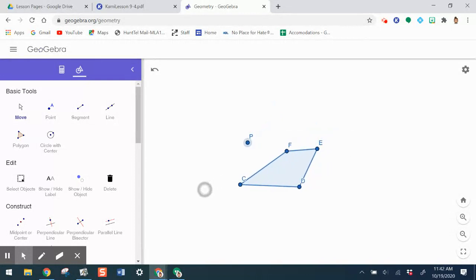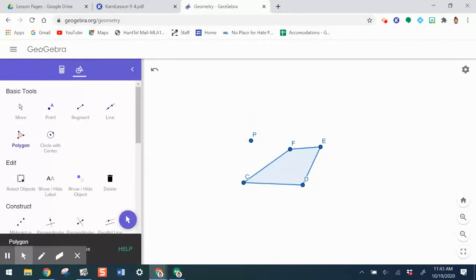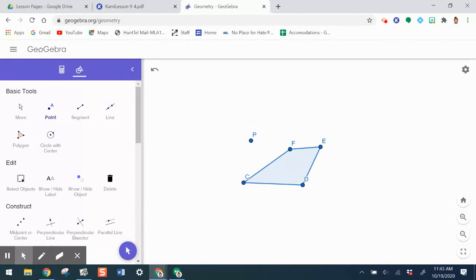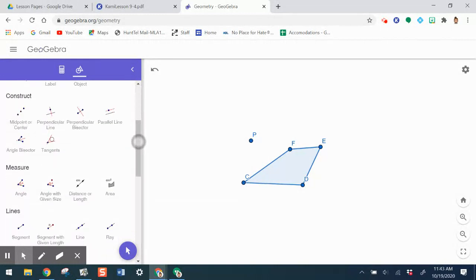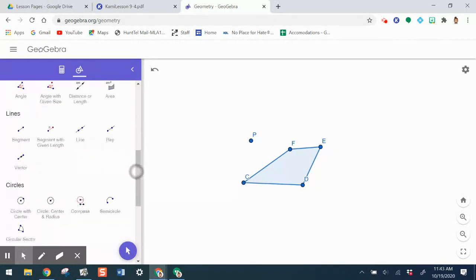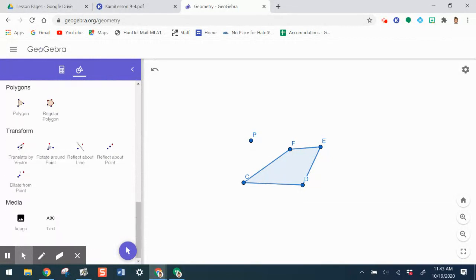So I believe the directions told us to rotate this quadrilateral 120 degrees counterclockwise around point P. You can take a second, pause the video if you need to, draw your polygon, use the polygon tool to draw one, and then use the point tool to draw point P. It honestly doesn't matter the size of your polygon, if it looks just like the one in the book, or where your center of rotation is, as long as your center of rotation is not on the figure itself. Hopefully you can start suggesting that that would infer something different. So we're going to find the transform section. We are going to rotate.